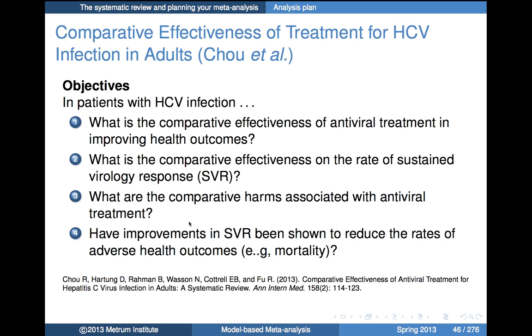In particular, there they focused on mortality. So you can see these are a really wide-ranging set of objectives looking at comparative effectiveness with intermediate outcomes on things like SVR rates. So that's an efficacy endpoint. Comparative outcomes in terms of potential harms that are associated. In this case, they focused on adverse events and serious adverse events. And then trying to connect whether improvements in SVR rates also reduce the rates of mortality.